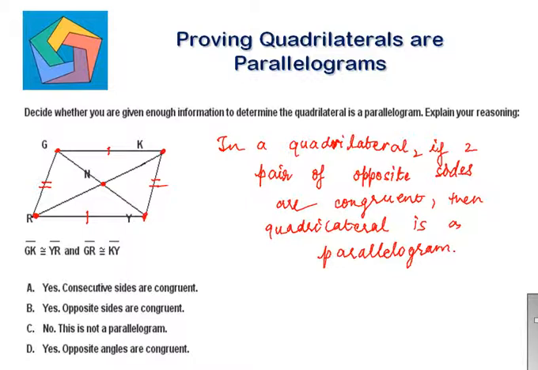So we can say yes, quadrilateral GKYR is a parallelogram because opposite sides are congruent. So our answer will be B. Yes, opposite sides are congruent.